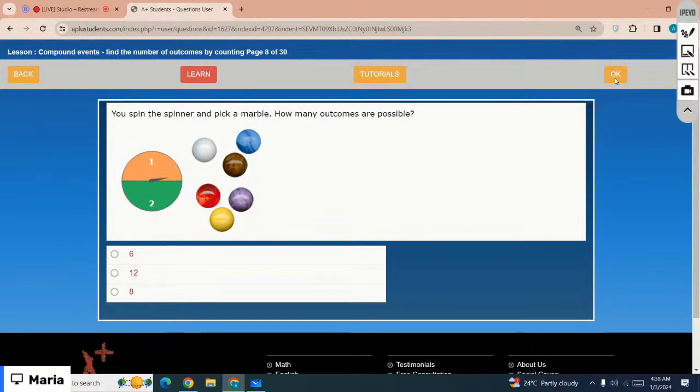You spin the spinner and pick a marble. How many outcomes are possible? Which is the correct option?